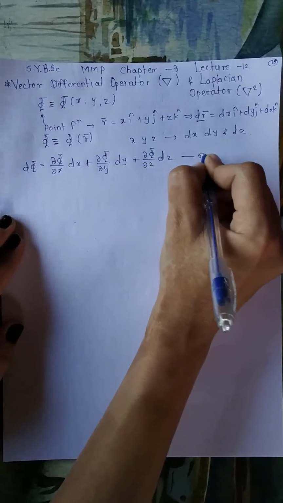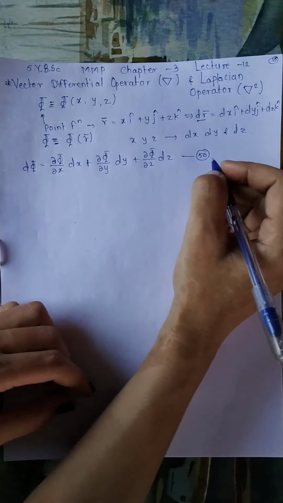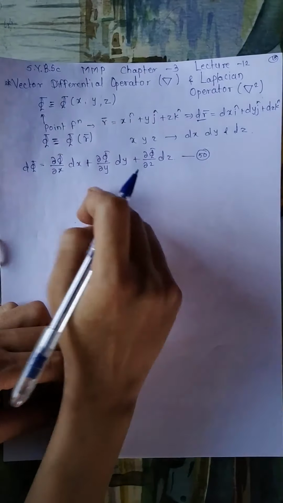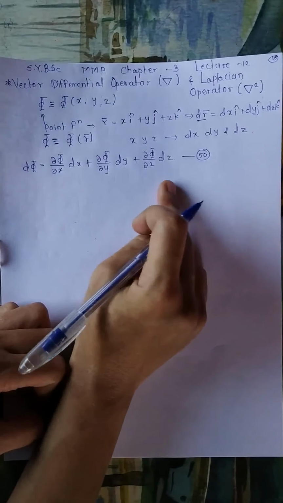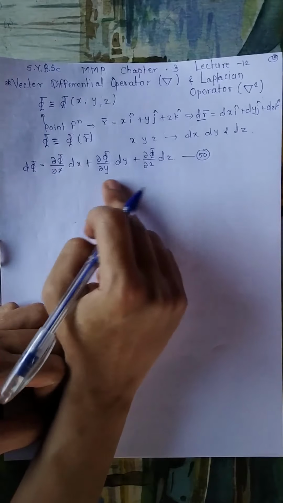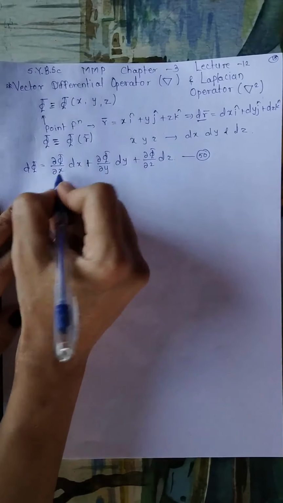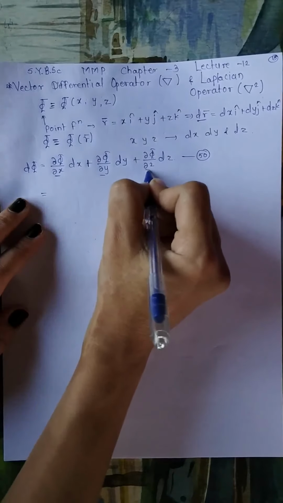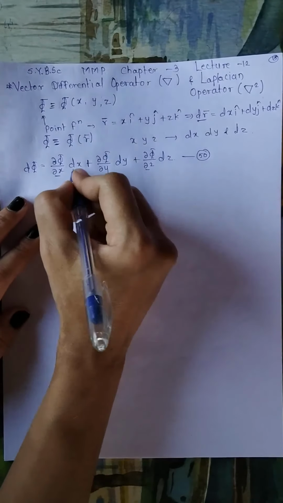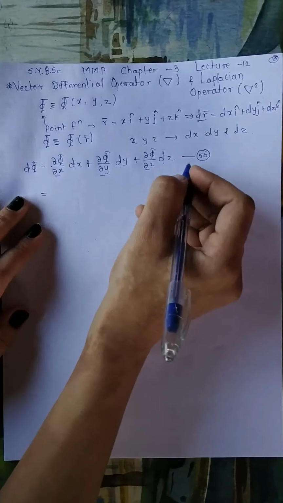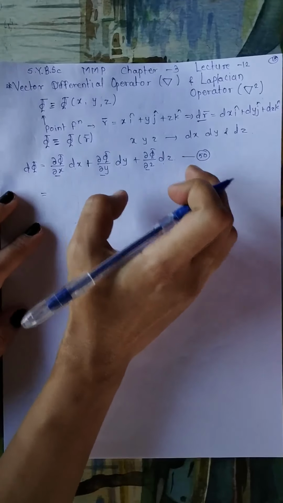Let's call this equation 50. The RHS of equation 50 can be expressed as the dot product of two vectors. We take some terms as one vector and the rest as another vector, and write their dot product.